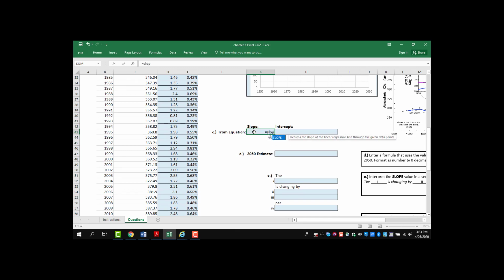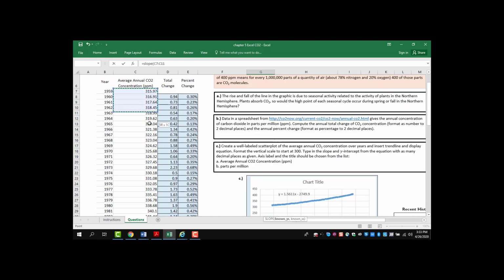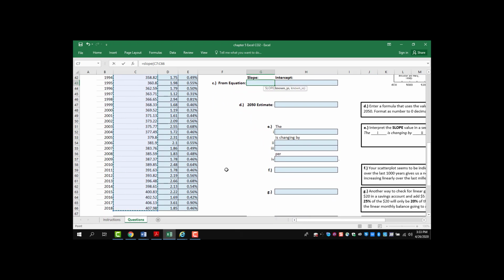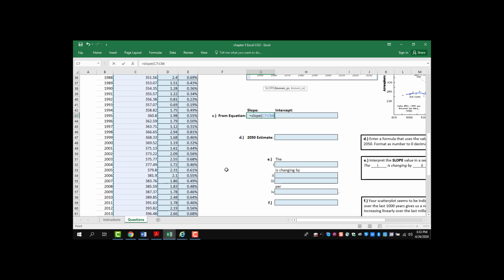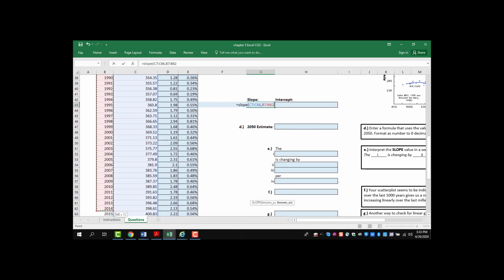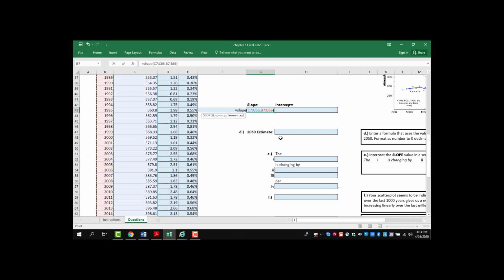Equals the slope, parenthesis, known y's, that's my known outputs, comma, known x's, that's my inputs. Close parentheses, hit enter. So that's the slope. That's the average rate of change per year.